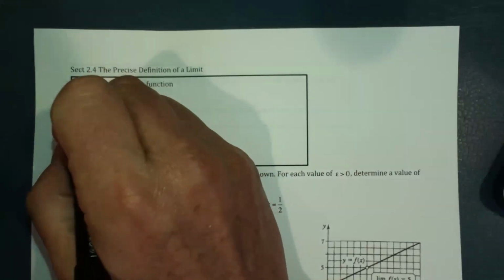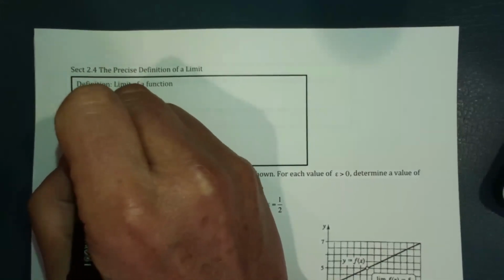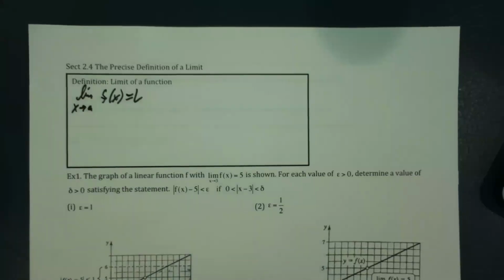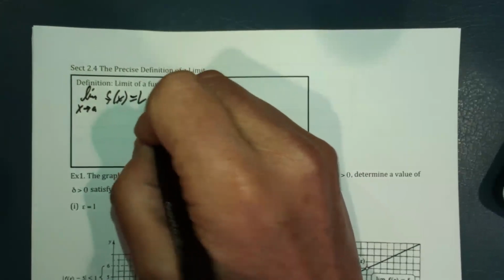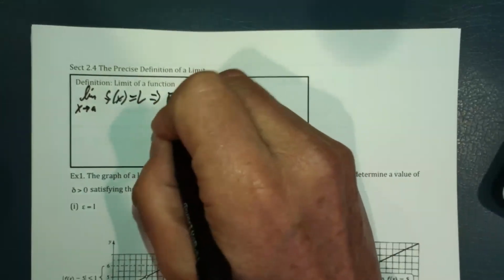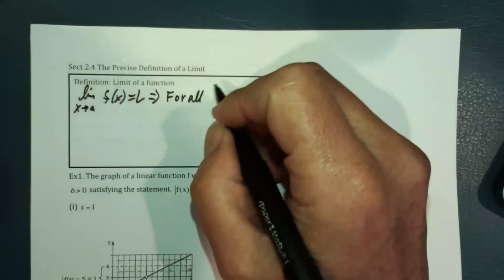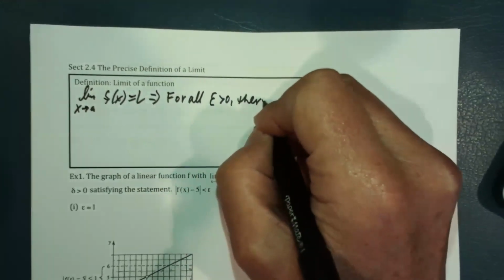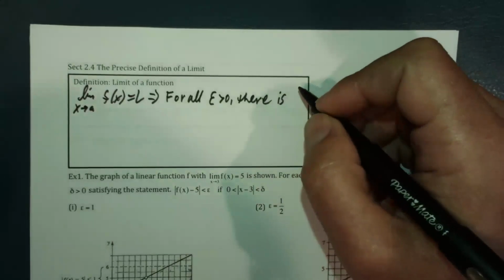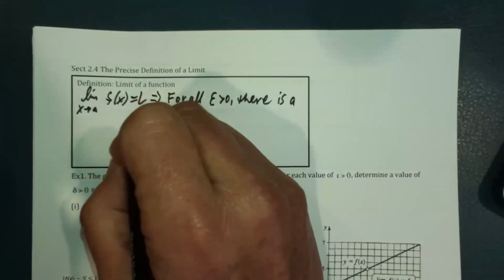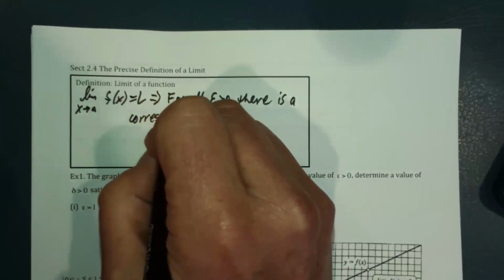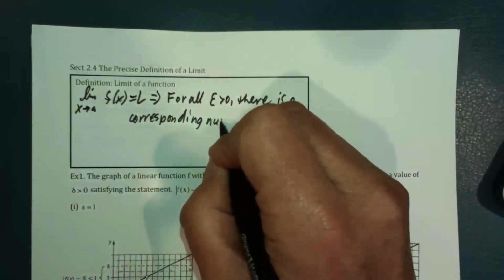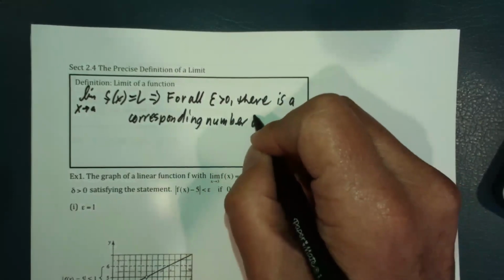So if we take our limit as x approaches a of f of x, and we have a limit L. And the way this is going to work is for any, or for all, and here's a new Greek letter, epsilon, bigger than 0, there is a corresponding number, and here's a Greek letter delta.